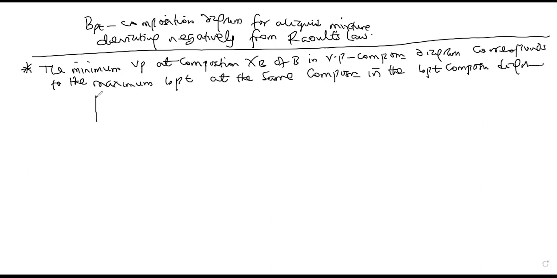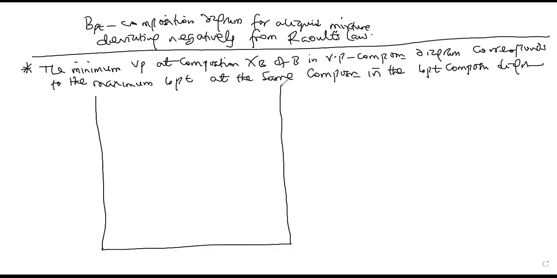If we draw our boiling point composition diagram, here we shall have the boiling point. The boiling point of A was high, so this side it is going to be low. So I'll say boiling point of pure A, but remember it is boiling point.